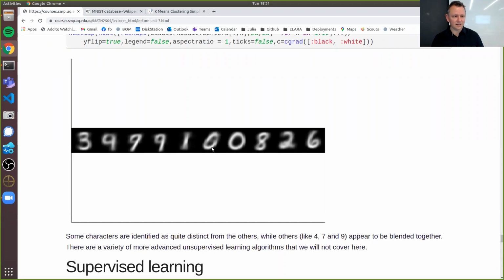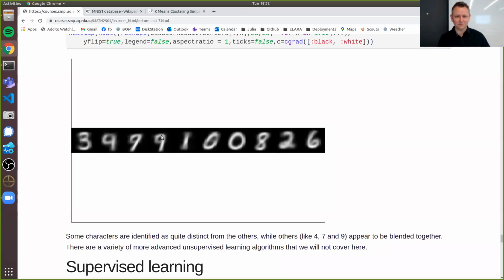It's quite clearly got a 1 and a 3, 2 and 6 seem pretty separate, 8 seems pretty separate, but it's a bit confused between 4 and 7 and 9. They're all kind of like superpositions of each other. So this is just a really, really simplistic, stupid linear method in a high dimensional space.